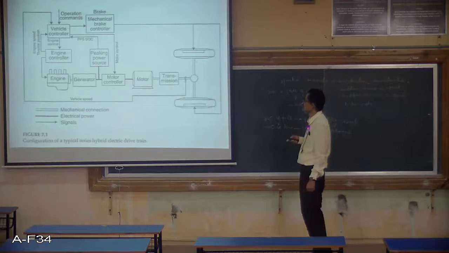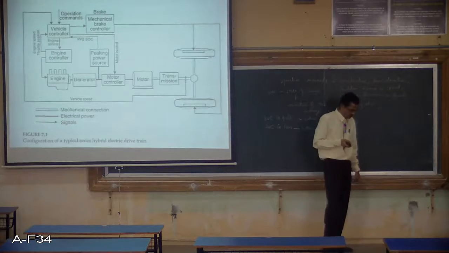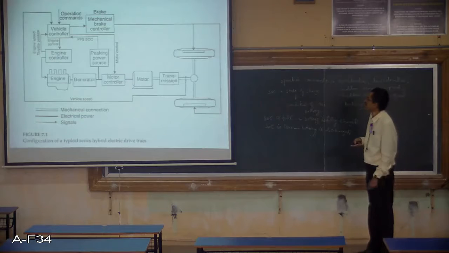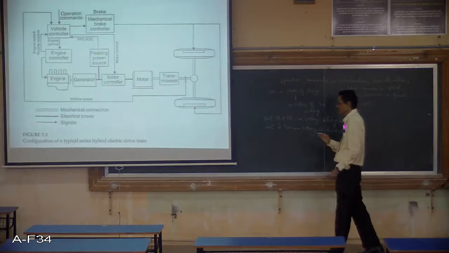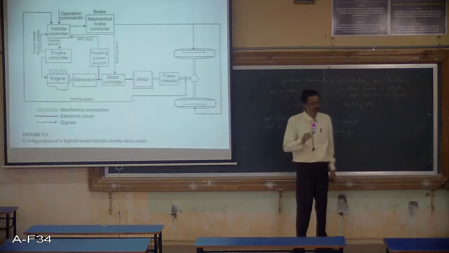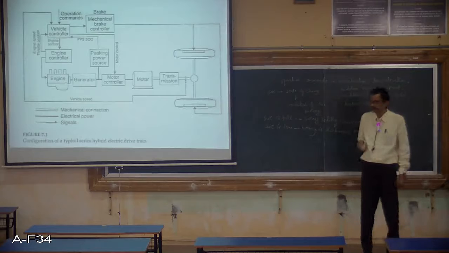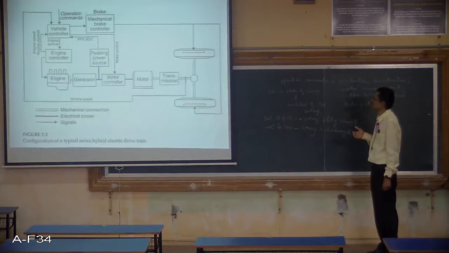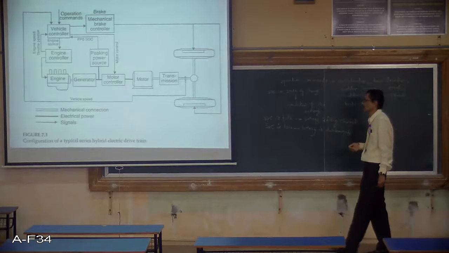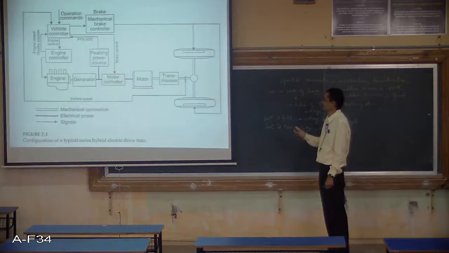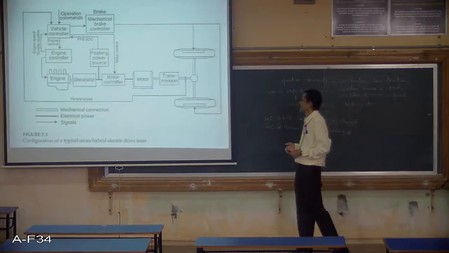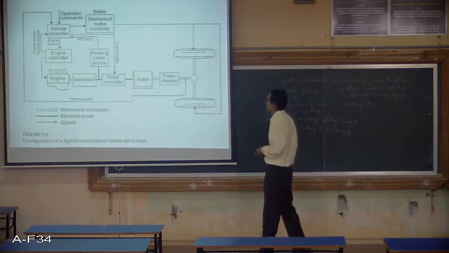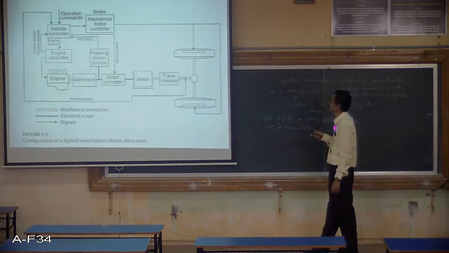So peaking power source means when you are applying the sudden amount of input power to the wheels as per the requirement. Suppose if there is a smooth step ahead of the vehicle, you need to suddenly accelerate the vehicle, increase the torque, so that you can pass through the step, and under that condition you require the peaking power source.